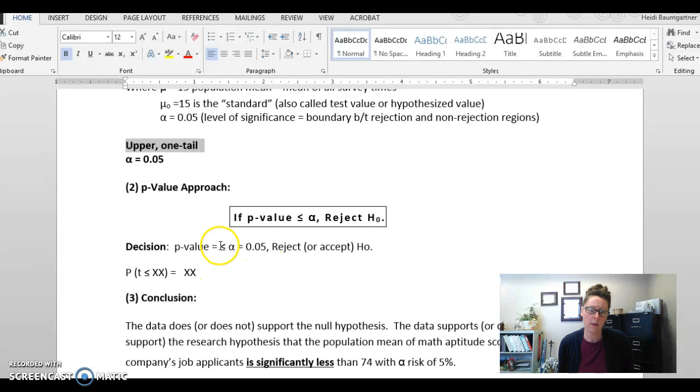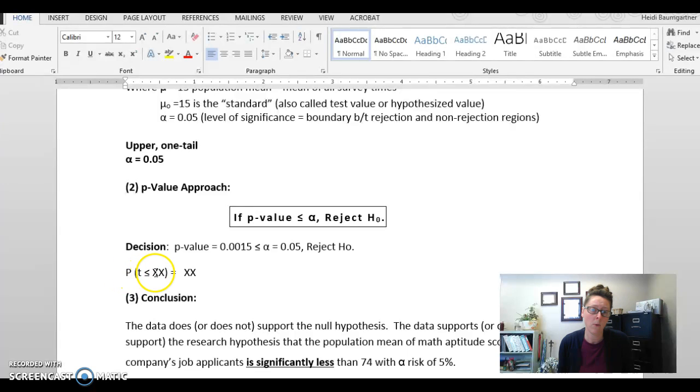If p-value 0.0015 is less than or equal to alpha of 0.05, we reject or accept H null? It is less than, the p-value is less than our level of significance, so we need to reject H null.